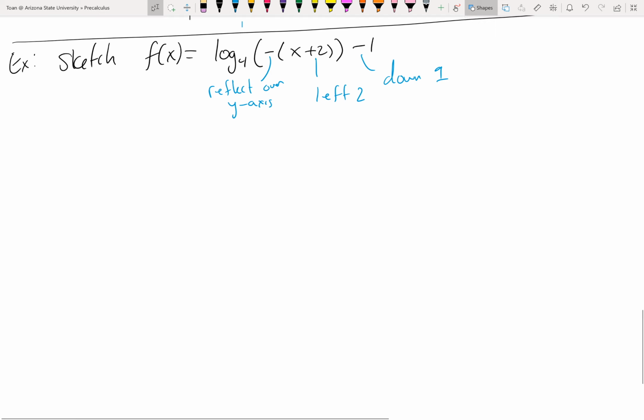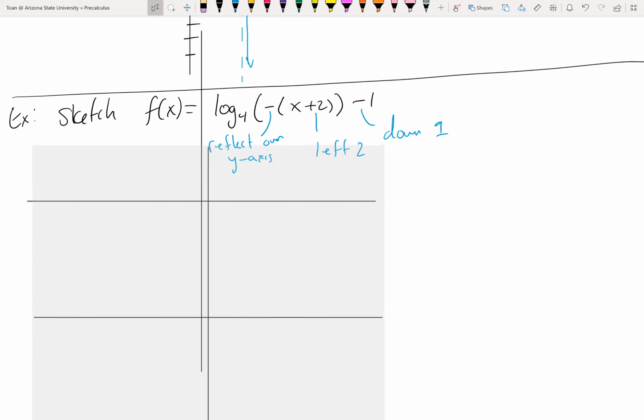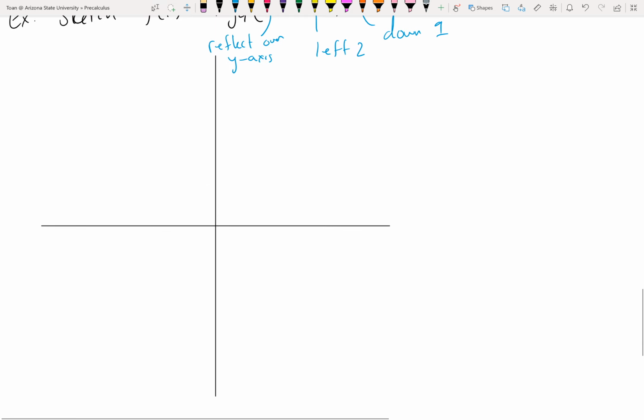So let's go ahead and draw our Cartesian plane. All right, so again, by default, we are always going to look at this point here. So what transformations do we have?